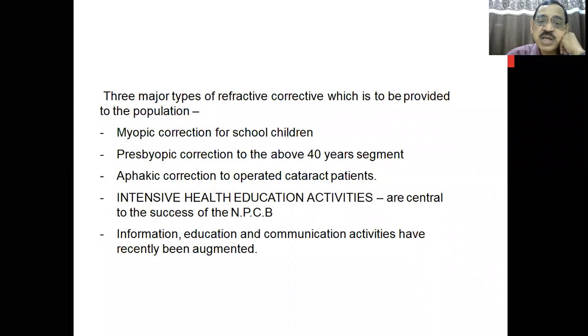So the three major refractive correctives to be provided to the population: not only myopic correction to school children, they can be hypermetropes, they can be people with an astigmatic error.